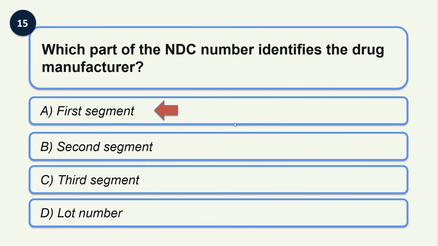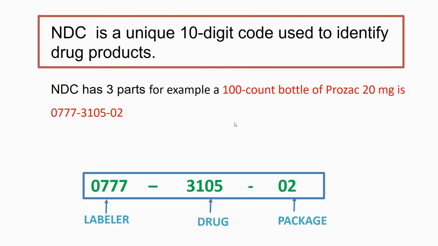Here is the explanation of how the NDC number works. NDC is a unique 10-digit code used for identifying a drug product. NDC has three parts. For example, here is an example of a Prozac 20 milligram, 100 tablets bottle. There are three sections of the NDC.